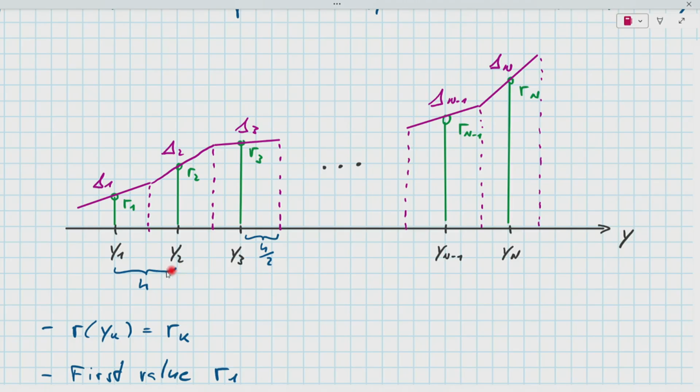This is the distance, h. Then we have the height of the function here at point 1. It's called r_1. At point 2, it's called r_2, and so forth. And then we do central differencing. So at every point, we look to the left and to the right, and we find the slope. In fact, in this case, we provide the slope directly. And this makes it symmetric.